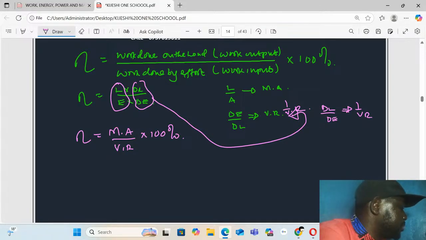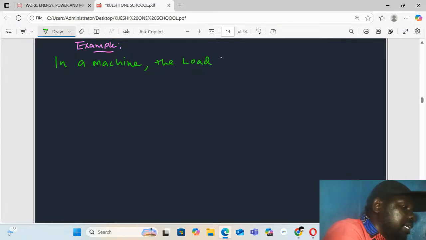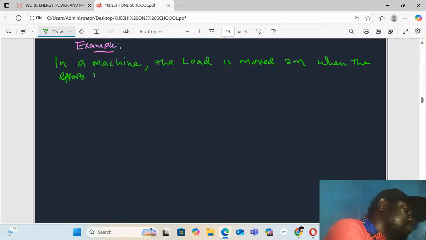And we have an example here. We are told that in a machine, the load is moved 2 meters when the effort moves 8 meters.